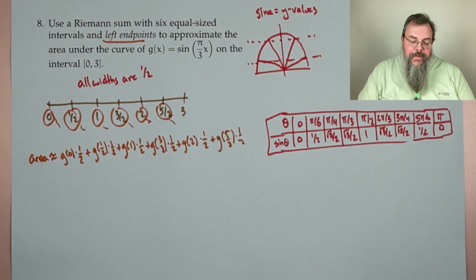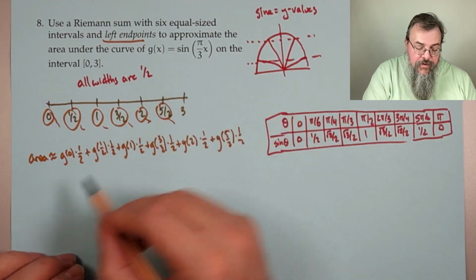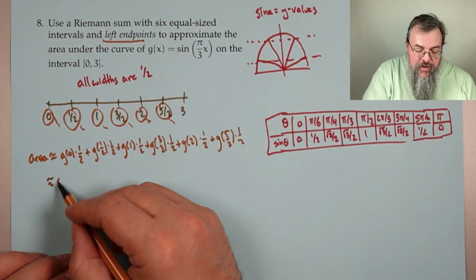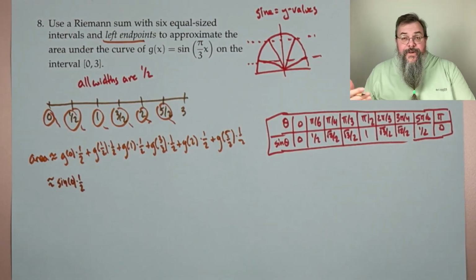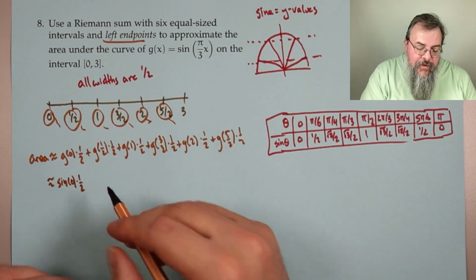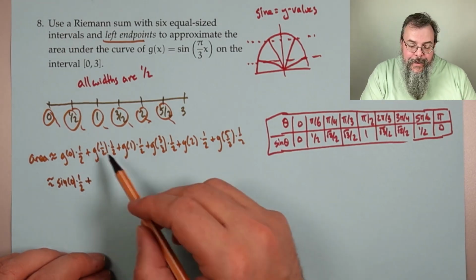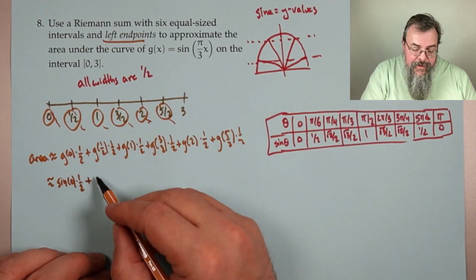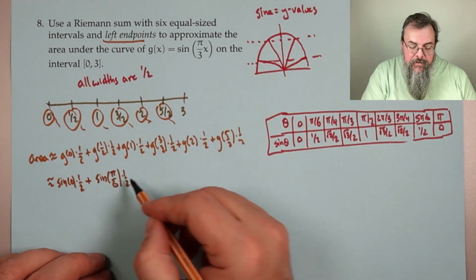Now, what does this become? Well, g of 0 is sine of 0, so this is sine of 0 times a half. One thing you can do, and people often do, is factor out the half. If you want to, great. If you don't, great. We're all friends here. Pi thirds times a half is pi over 6, so sine of pi over 6 times a half.